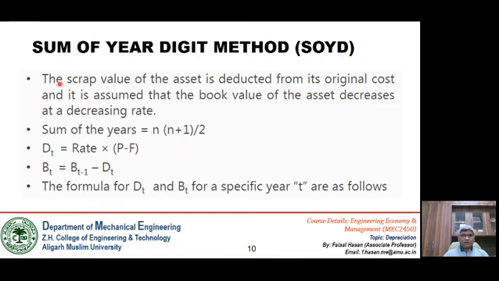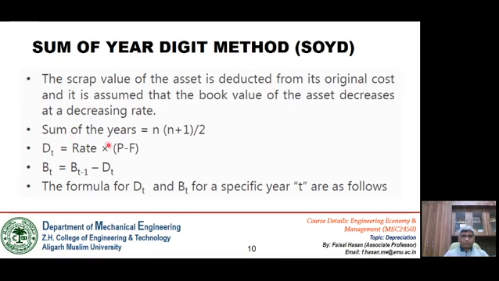The scrap value of the asset is deducted from its original cost and it is assumed that the book value of the asset decreases at a decreasing rate. That means initially the rate of depreciation is high, and closer to the end of the depreciable life the rate will be less.